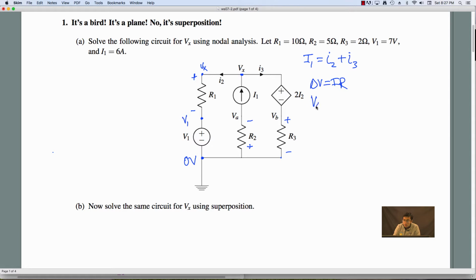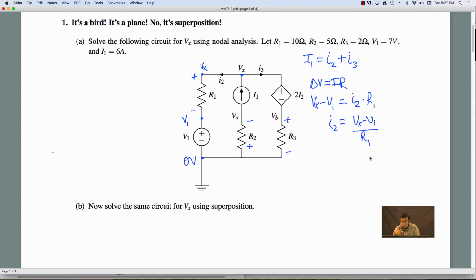So we see that Vx minus V1 is equal to I2 times R1, and we can rewrite this in terms of I2 by dividing by R1. Okay, so that takes care of the left branch. Now we can look at the right branch.